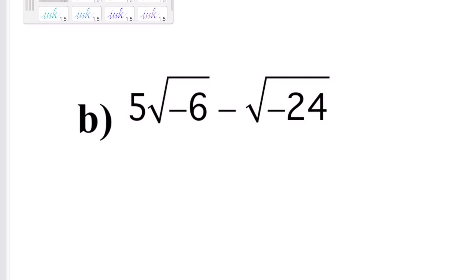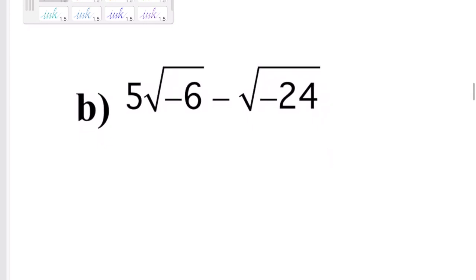subtraction sign. So hopefully if I have the same number underneath those radicals, then I can combine the radicals. So I'm going to simplify the negative square root 6 and the negative 24.